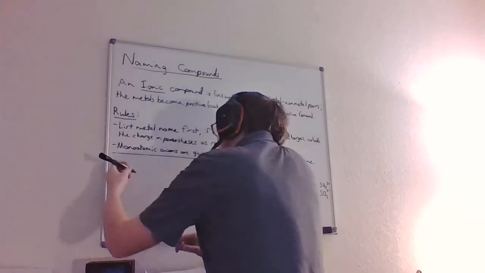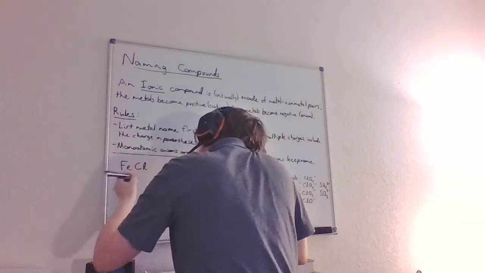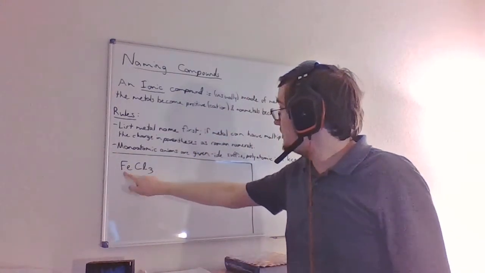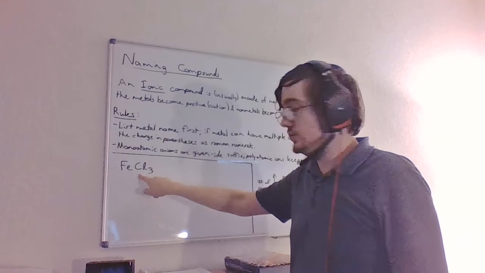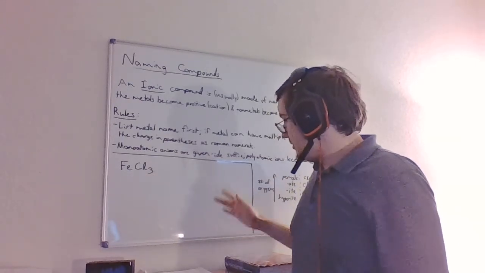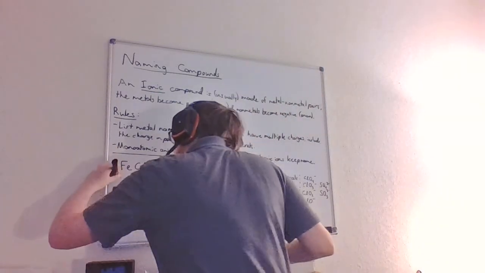So let's say we were given this compound right here, and we were told to name it, right? So we have an iron and 3 chlorines. Now remember, first rule, start with the metal. This is just iron.